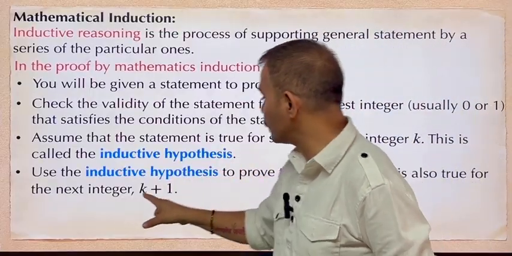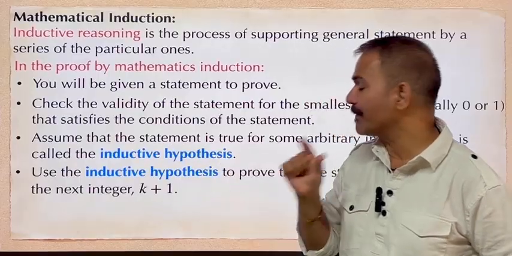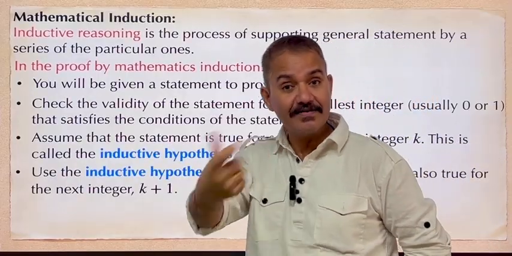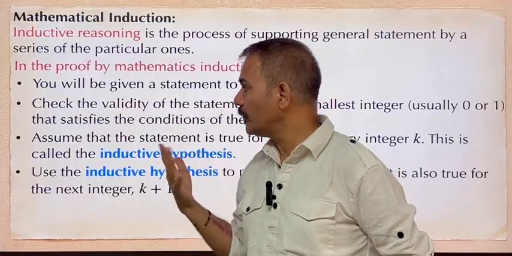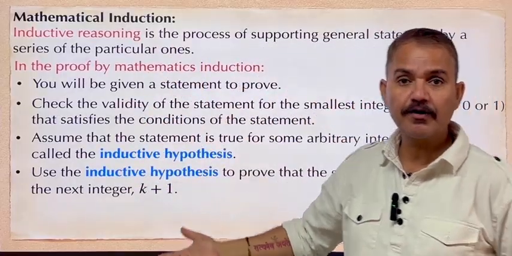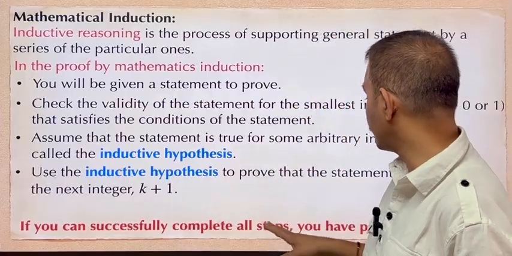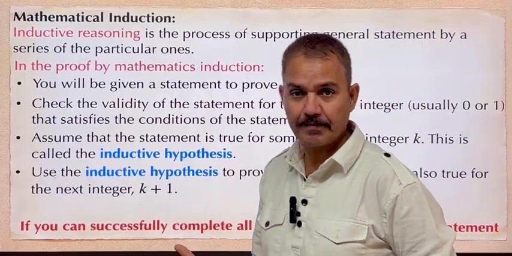When we prove it is true for k plus 1, we take the inductive hypothesis as a result. If you are able to follow all these steps successfully, it means you have proved the given statement with the help of mathematical induction.